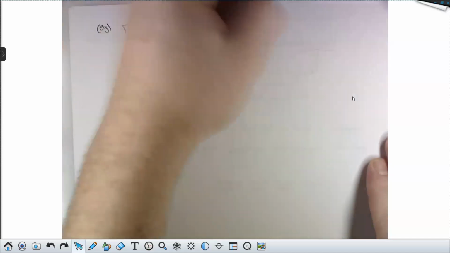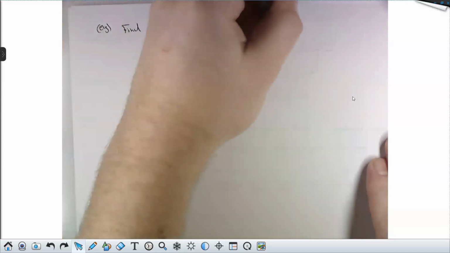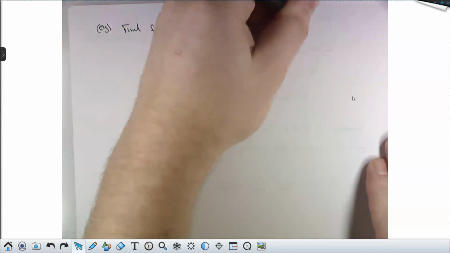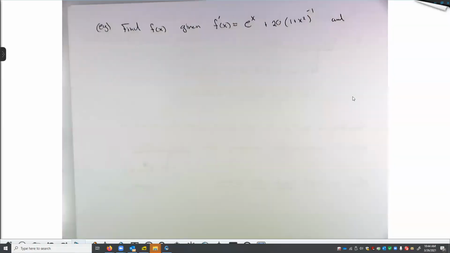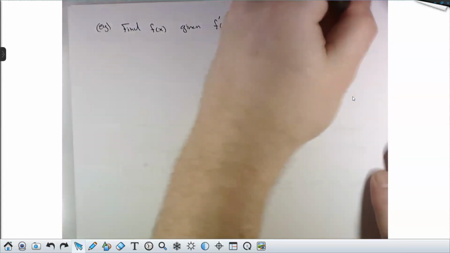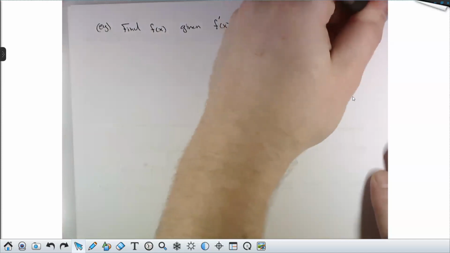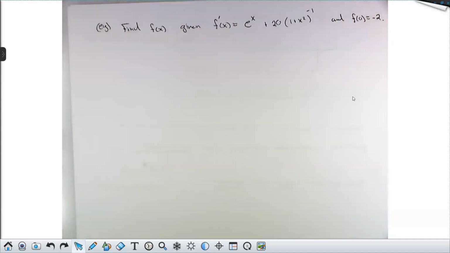Find f of x given f prime of x is equal to e to the x plus 20 times 1 plus x squared to the negative 1. And what did we say? F of 0 is negative 2. So they gave me f prime and they want me to find f.